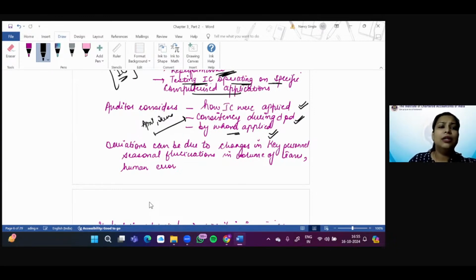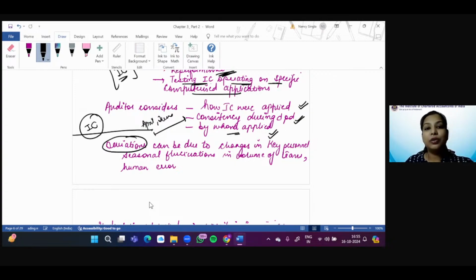Now, after the testing, the auditor finds that there are certain deviations, that is, in the purpose for which the internal control was implemented. Let us take a very simple example. For example, an internal control was implemented with respect to, let's say, payment of taxes.